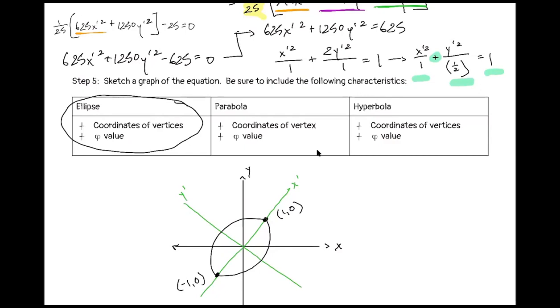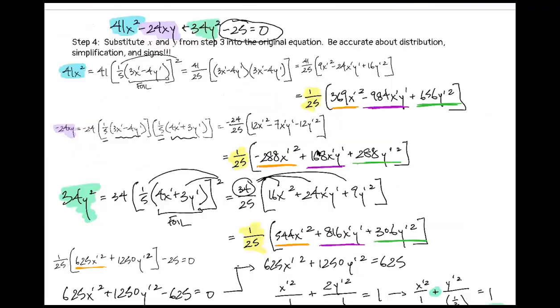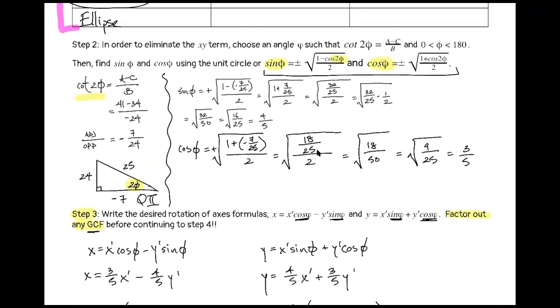And then the last thing that you need to show me is just the angle between your x and your x prime. That is your angle of rotation. And if we go back up to the beginning, this was not a nice unit circle value, but we could write it as arc sine of, what did we say our sine was? 4/5.